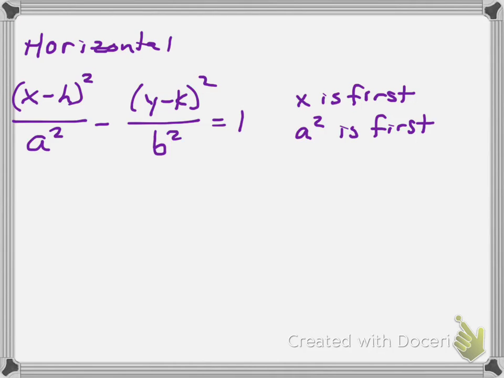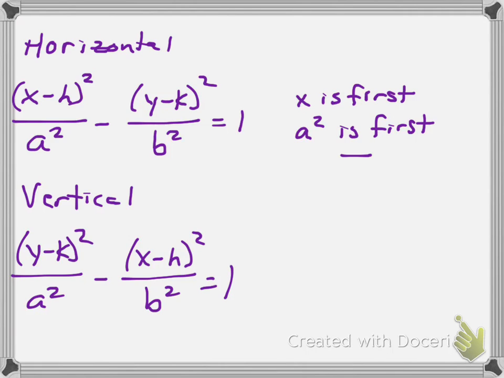It is with ellipses, but not with hyperbolas. For a vertical hyperbola, the y squared is first, and the a squared is first. So a squared is always first with hyperbolas, whereas yesterday, a squared was always bigger with the ellipse. You have to be able to tell the difference between the two.